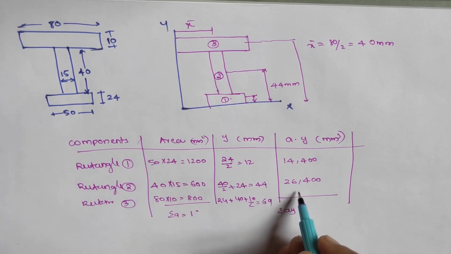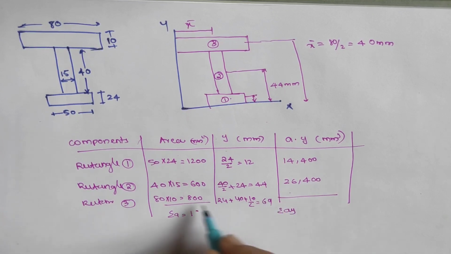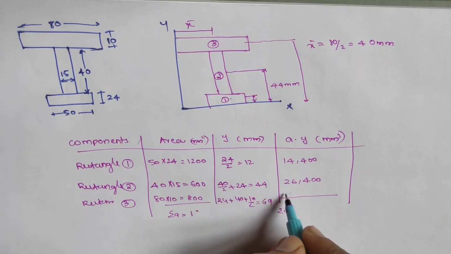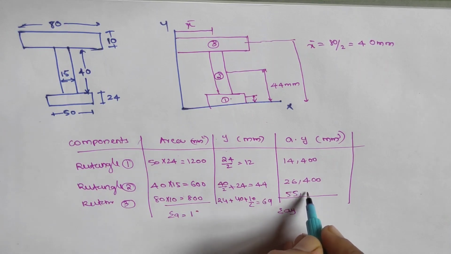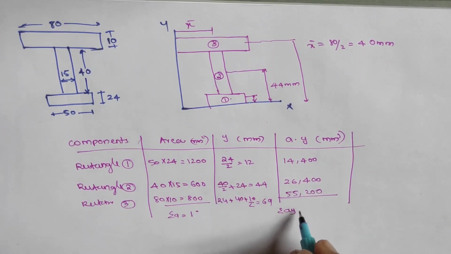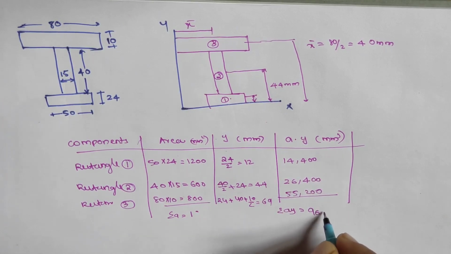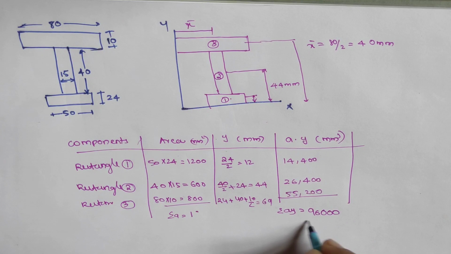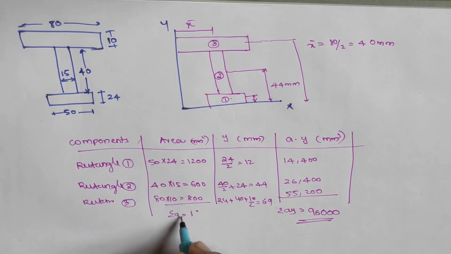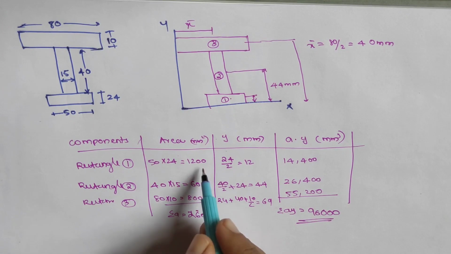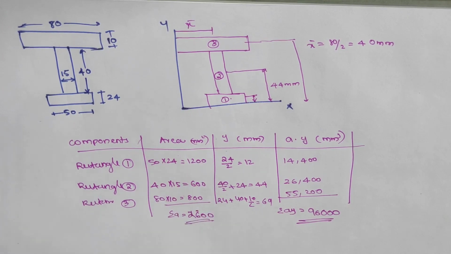Next is multiplication, that will be 69 into 800, 55,200. So the summation of this value will be 96,000, and summation A, area will be 2,600. 600 plus 1,200, 1,800 plus 800, 2,600.